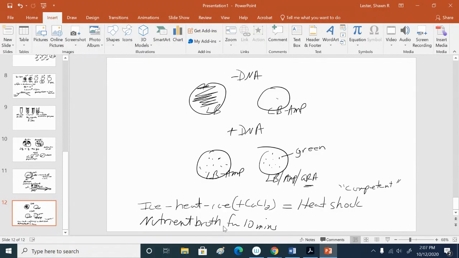So we had to give them time to actually start making beta-lactamase. Otherwise, if we immediately put them on plates containing ampicillin, they would have died, right? So we had to give them time and food so they could make some beta-lactamase. So does that make sense to everyone?